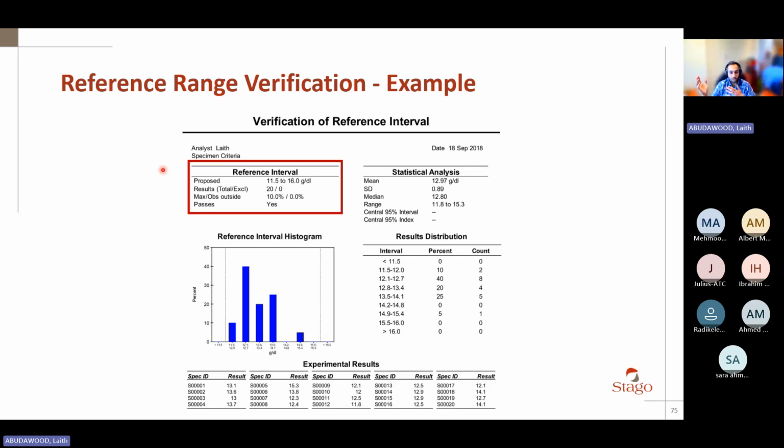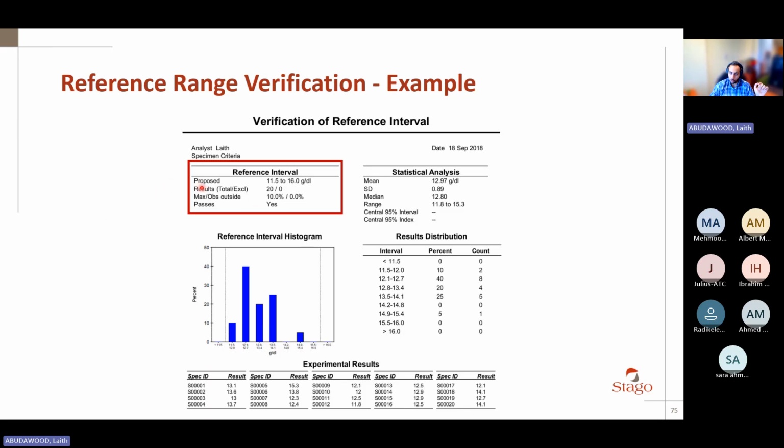If 15% of the results are outside of the range, I would say that the reference verification has failed. I would try to run another 20 samples, total of 40, and then I will calculate again. Do I still have 15% out of range? Then, yeah, this range verification has failed. It's not compatible with my own population. Not an analyzer problem.